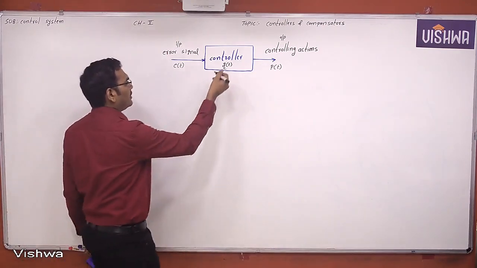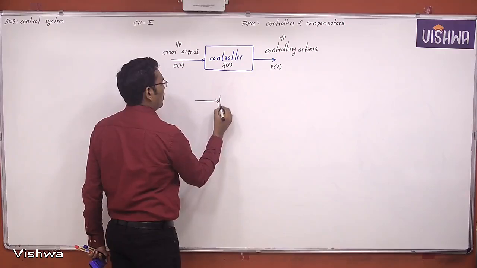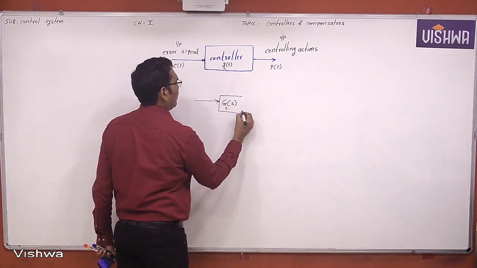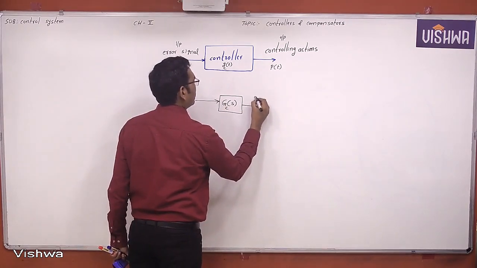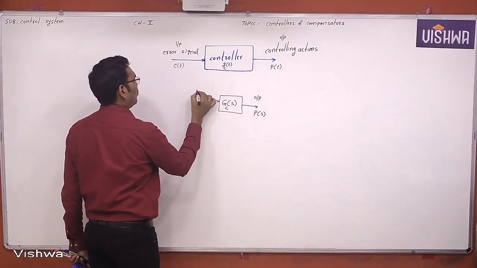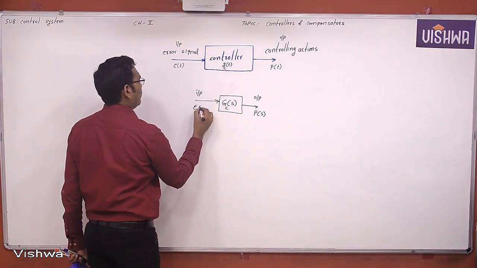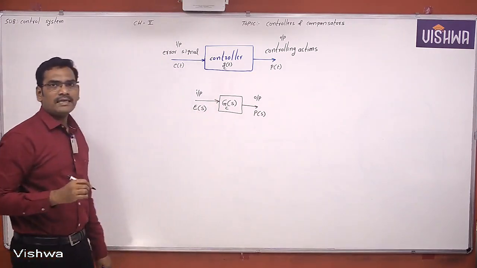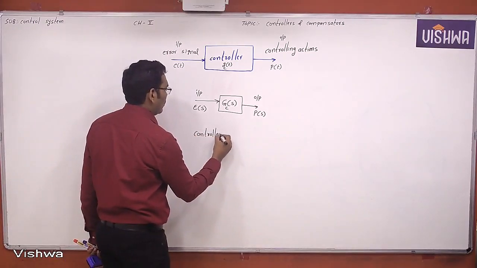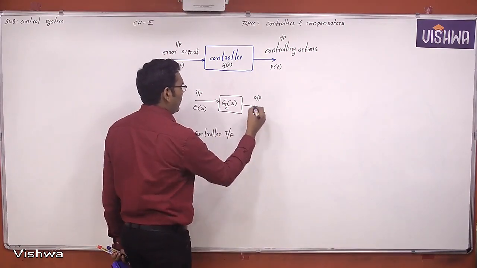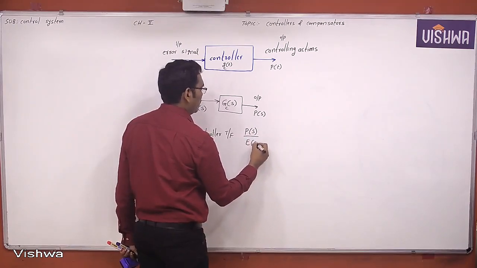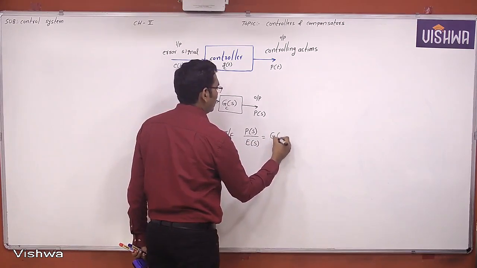I will find the controller transfer function first of all. If you want to find the transfer function, apply Laplace transformation. What is the Laplace transformation of GC of t? GC of s. The Laplace transformation of output P of t is P of s, and of input E of t is E of s. So what is the controller transfer function? The Laplace transformation of output P of s by the Laplace transformation of input E of s is equal to GC of s.